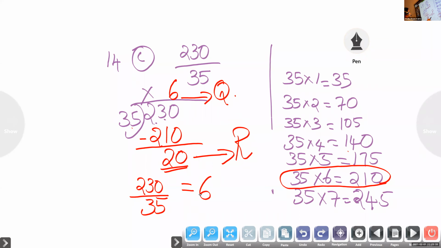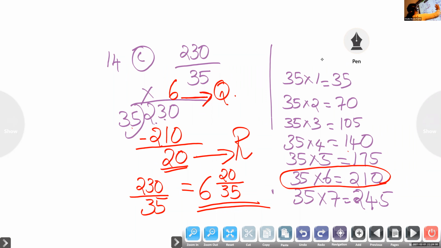Which is the remainder? 20 by 35. Did you get the answer? Yes, ma'am. So, children, to convert this improper fraction to mixed, you have to just divide, find out the quotient. That quotient will be the whole number and the remainder will be the numerator and write the same denominator.